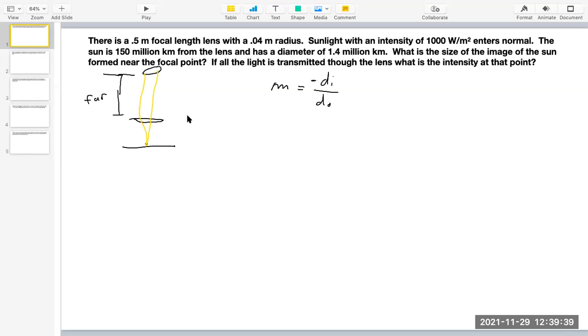See if you can work that out. And once you have how big that dot is, if you assume that none of the light is reflected off the magnifying glass, then all of the energy that hits it ends up in that little dot. So what would the intensity be in that dot? See if you can work through it.